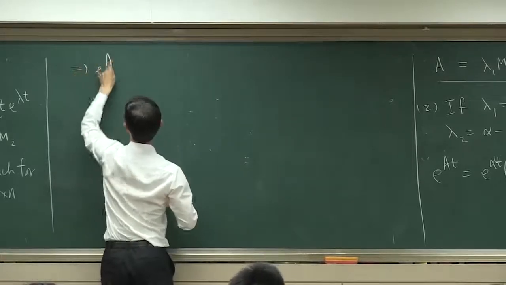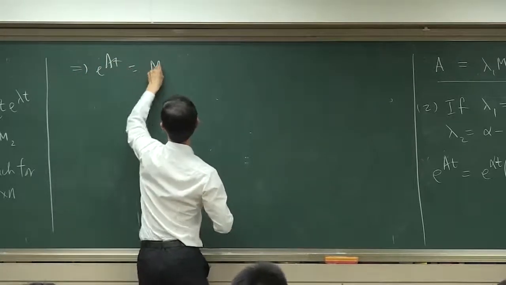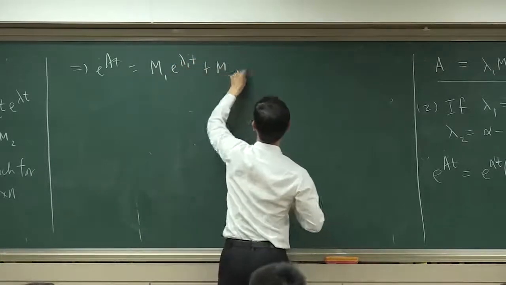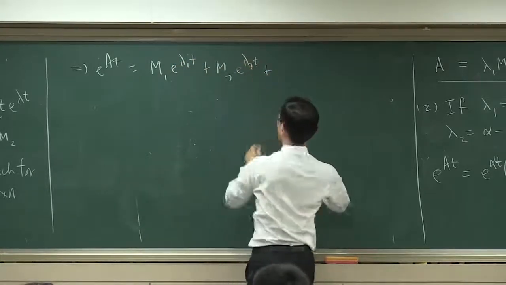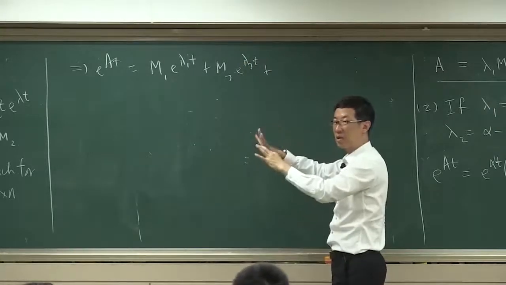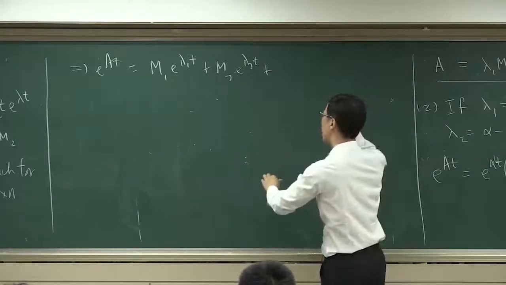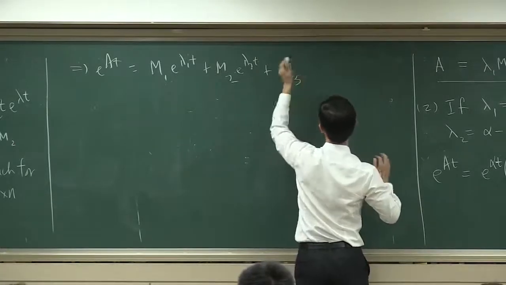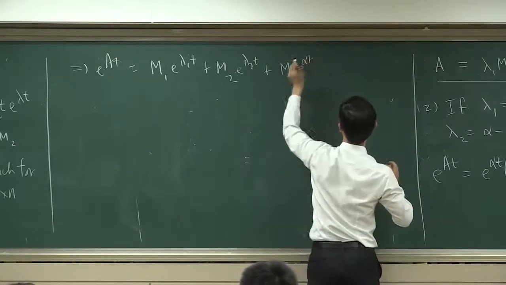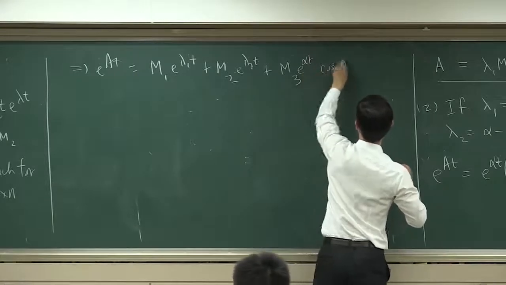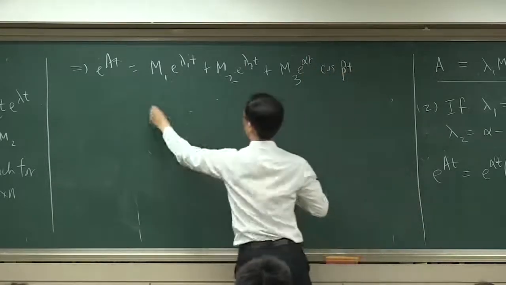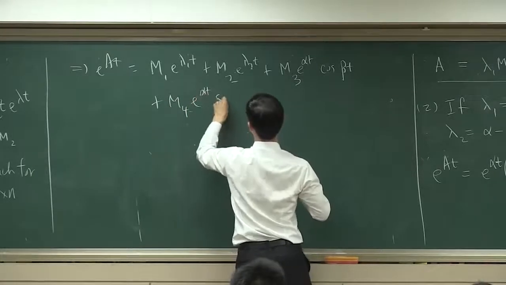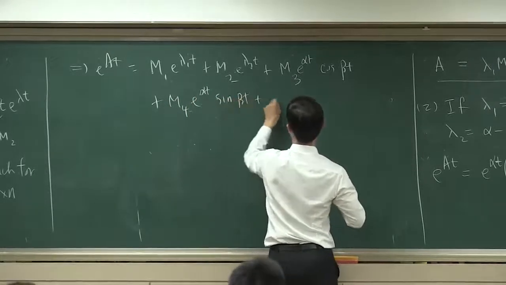So assume e to the at of the form, say m1 e to the lambda 1t plus m2 e to the lambda 2t. Plus you could have complex pairs, you could have repeated pairs, right? Plus say m3, I don't know, e to the alpha t cosine beta t plus m4 e to the alpha t sine beta t, whatever.